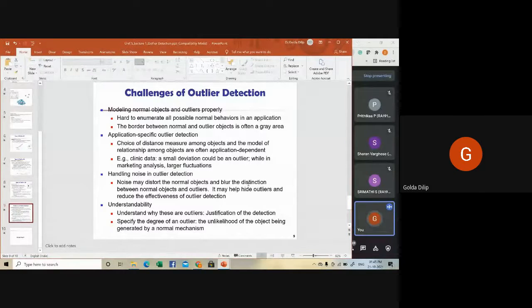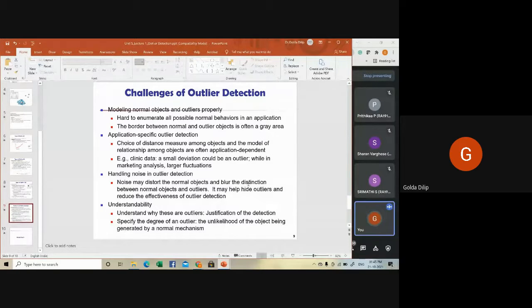Okay, challenges involved in outlier detection, because outlier detection or anomaly detection is a very popular area in data mining. It's got a lot of applications, but it does have its own set of challenges. These are the 4 points which are being earmarked here. The first one is modeling normal objects and outliers properly.